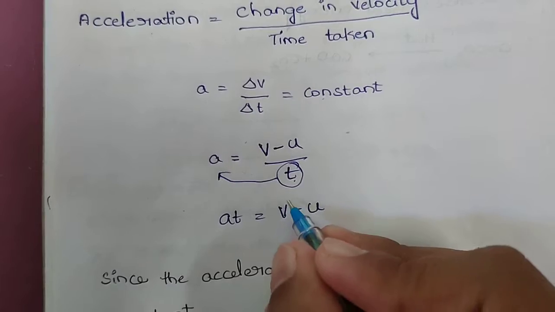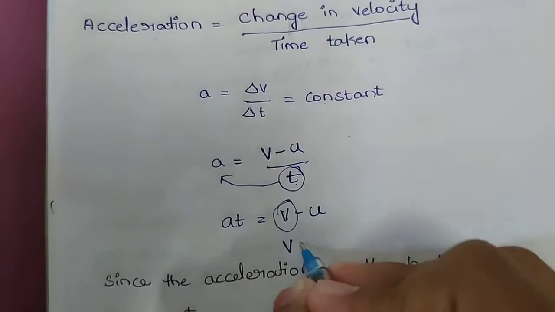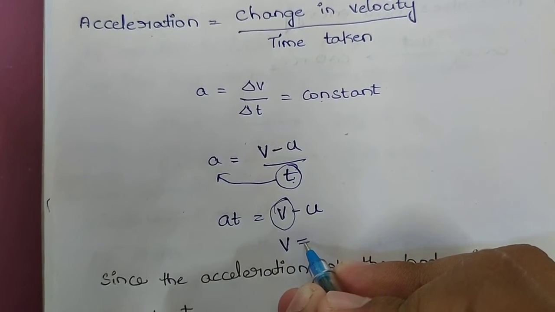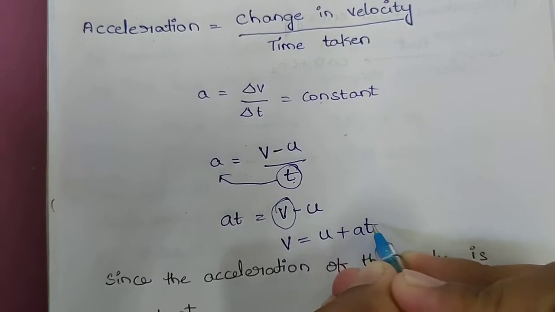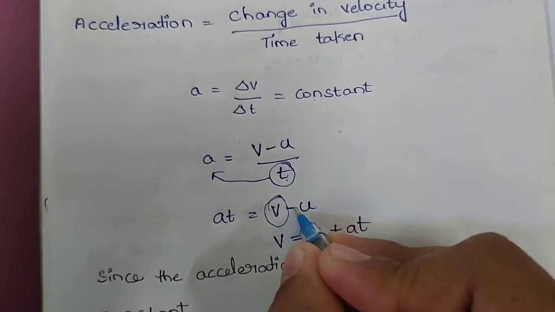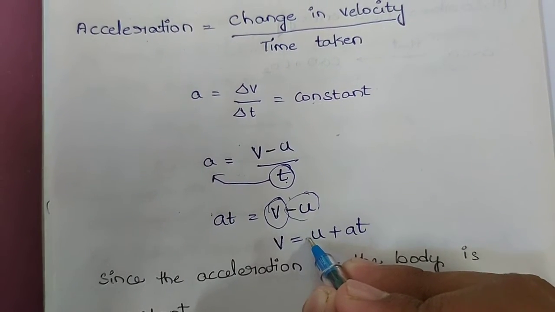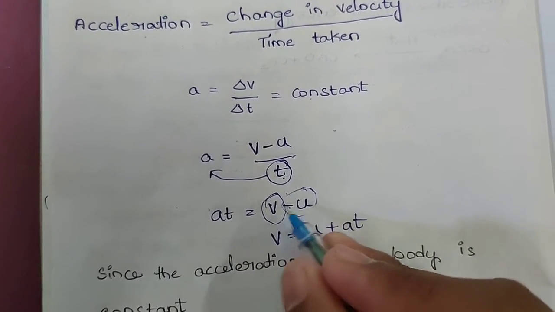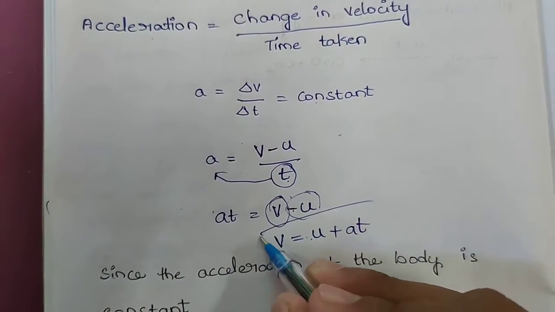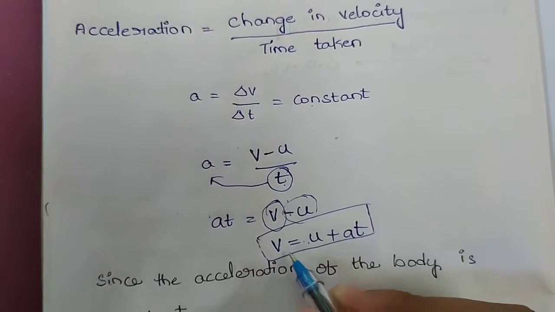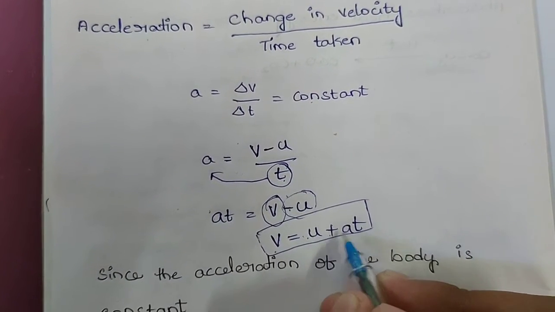To calculate my final velocity, v is equal to u plus at. The minus u goes to the other side and the sign changes into plus. So finally I get the equation v, the final velocity, is equal to u plus at.